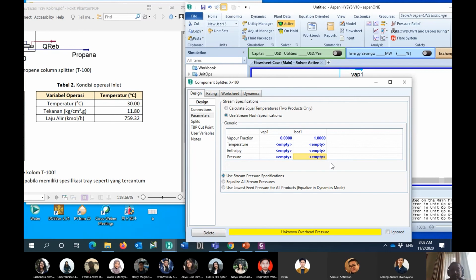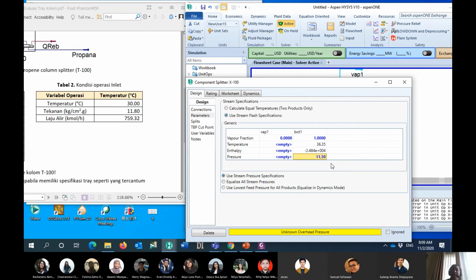So we have to reduce the inlet pressure a bit in order to allow the material to go to the bottom side of the column. So if we have an inlet pressure of 11.8, probably in here we can have, for example, 11.5.